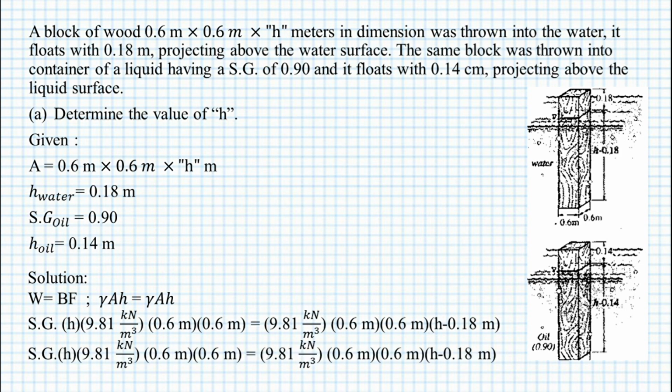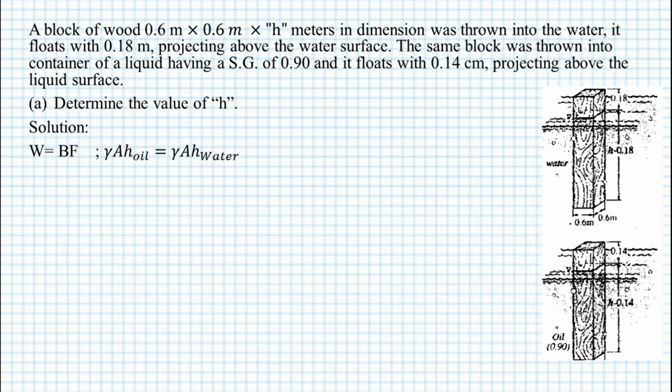Cancel out the same units. We have Sg times h equals h minus 0.18 meter.